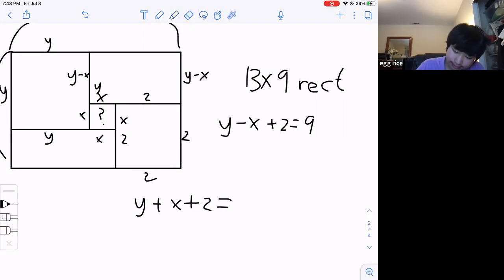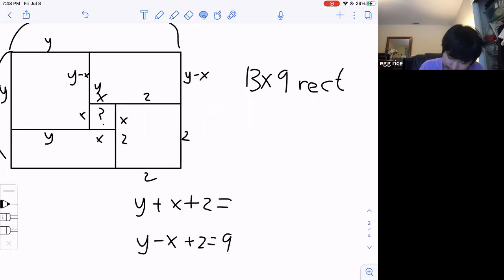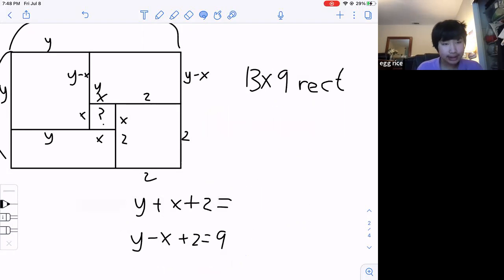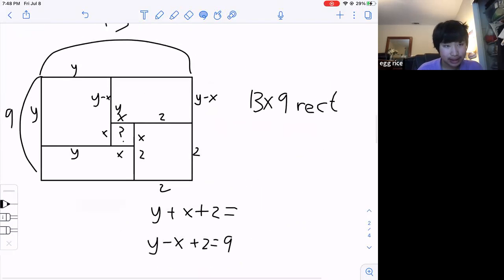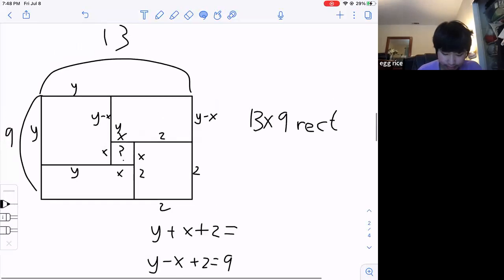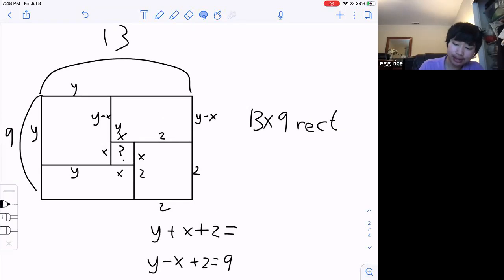But let's also have a look at what y plus x plus z is. Now, similarly, we can look at what this length is.